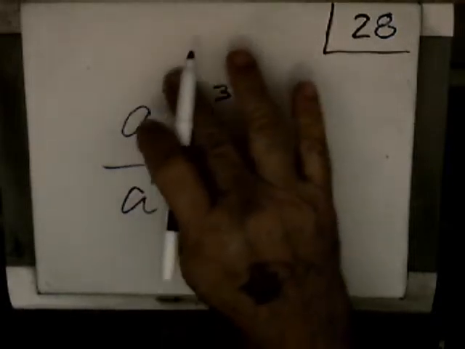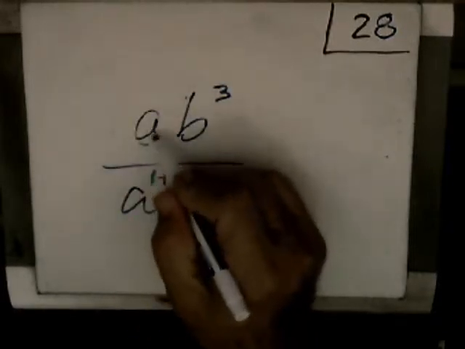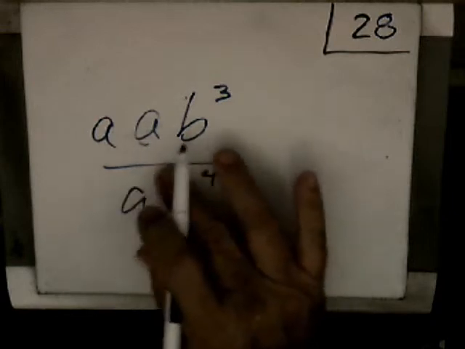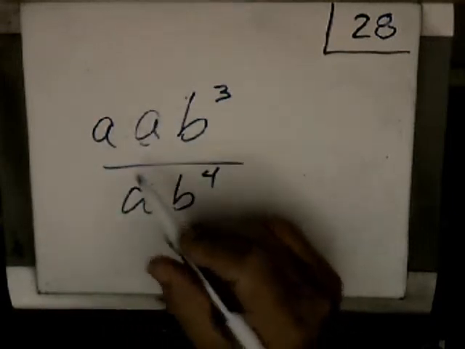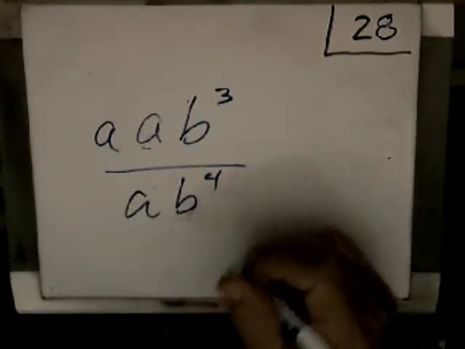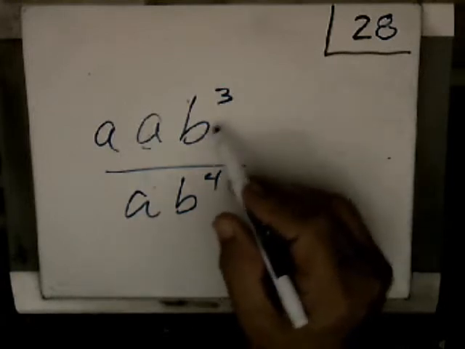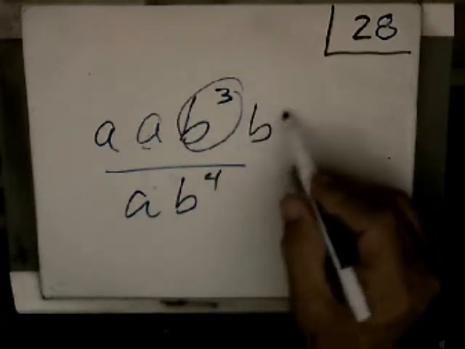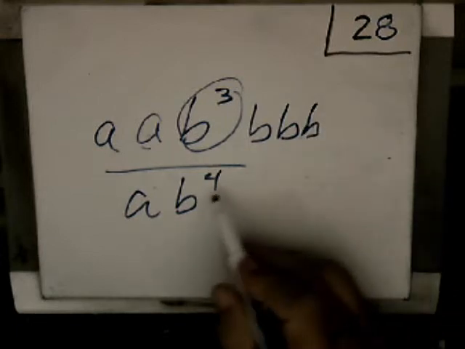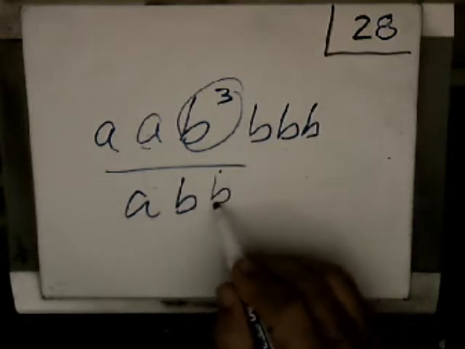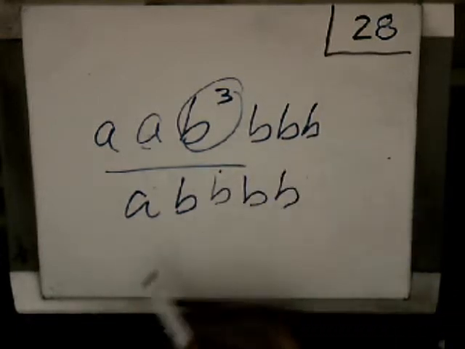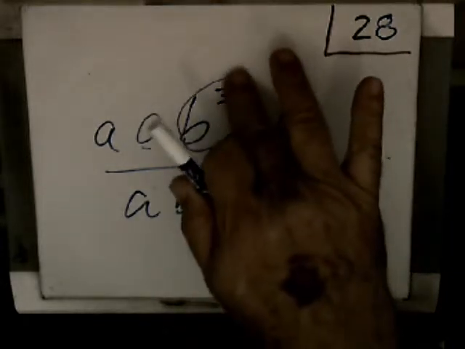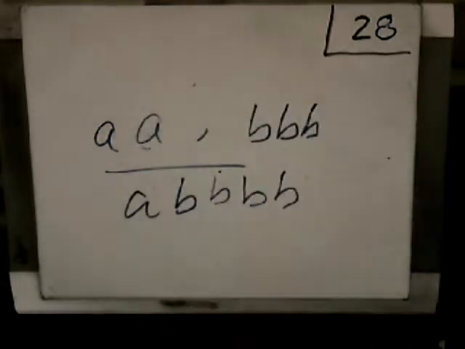Another way to think of this is I'm going to pull one of these A's out to the side. I have two A's up there, and I'm going to pull one out. Up here, I have three B's, and let's just say that I pull them out and separate them. And I have four B's down here. Okay, now we've gotten rid of the exponents, and we just put them in terms of the number of B's and the number of A's.